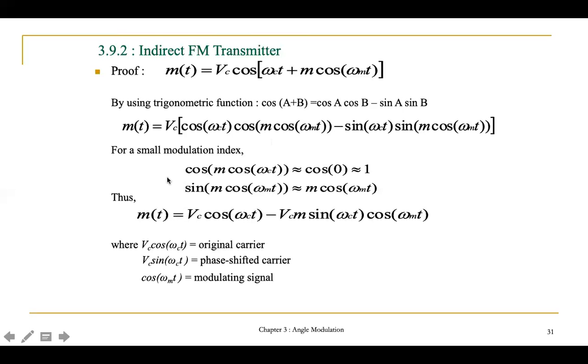So that's why your latest m(t) will become m(t) equals Vc cos omega c t minus Vc m sin omega c t cos omega m t, where Vc cos omega c t is the original carrier, Vc sin omega c t is the phase shifted carrier, and cos omega m t is the modulating signal.